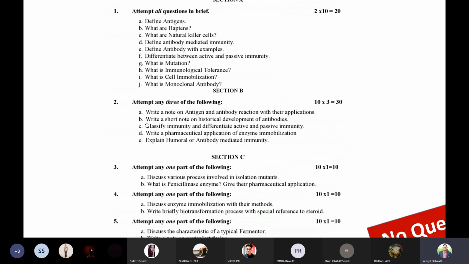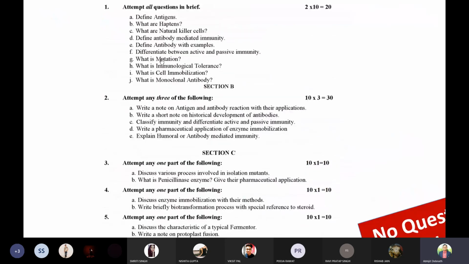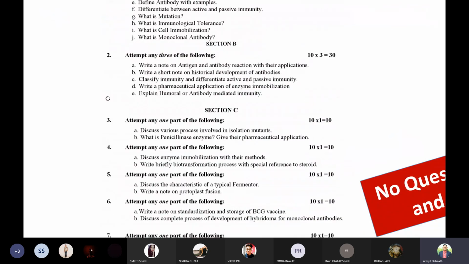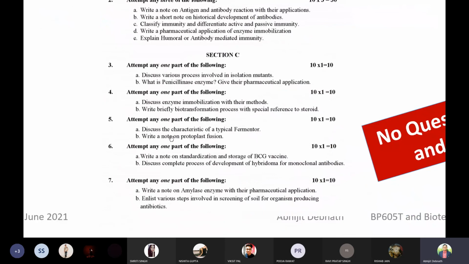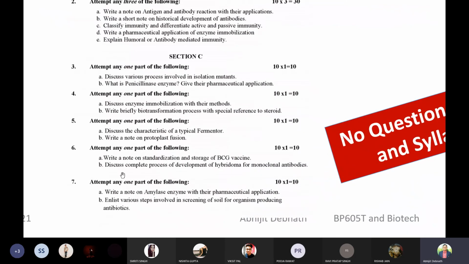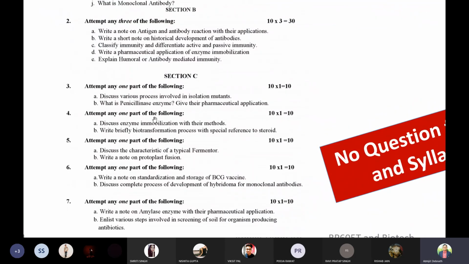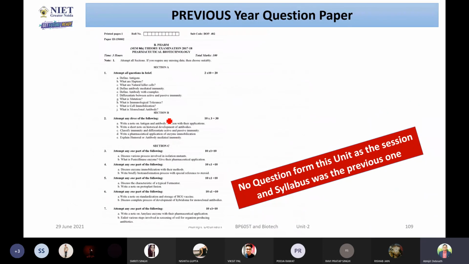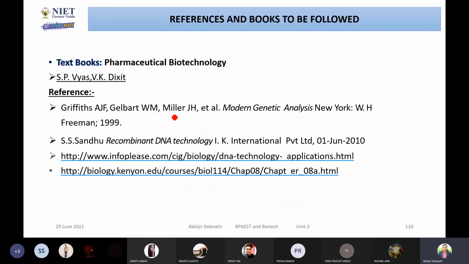But still you can see some questions like antigen antibody, then mutation. Not so many questions, anyway, but you should still learn these things. That's it from my side, and if you have any question, you are welcome to ask.